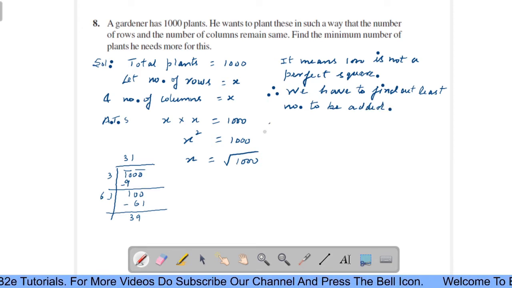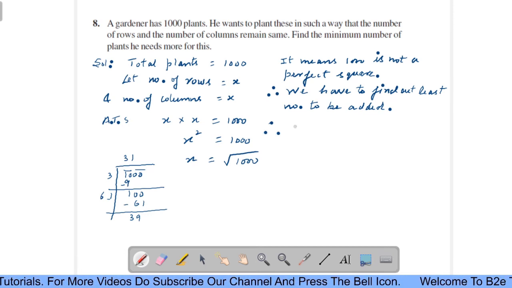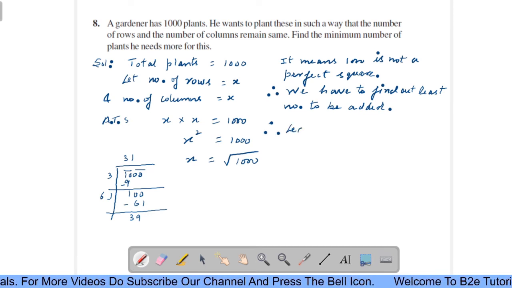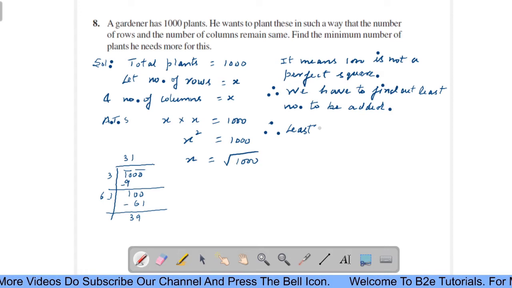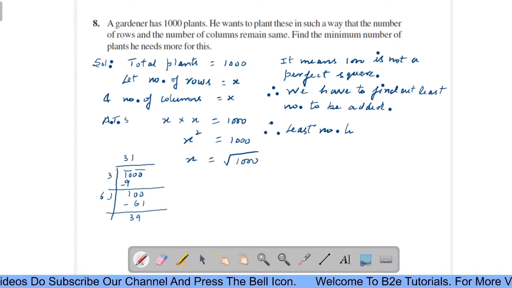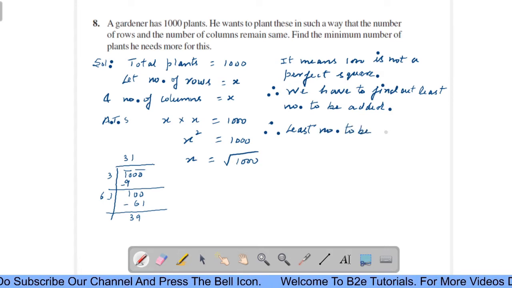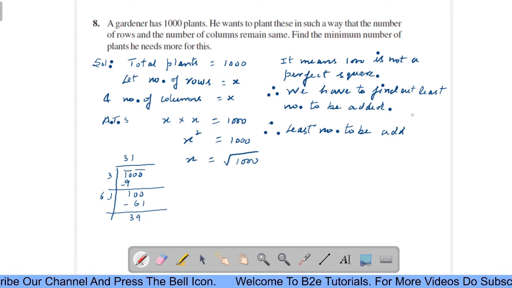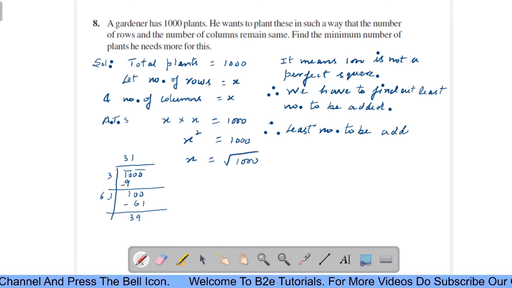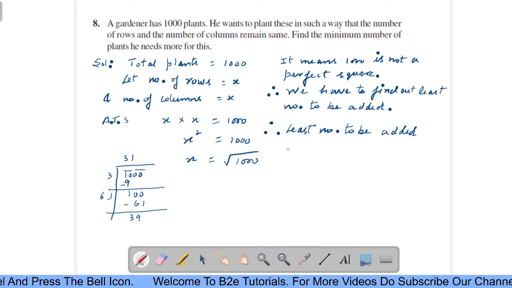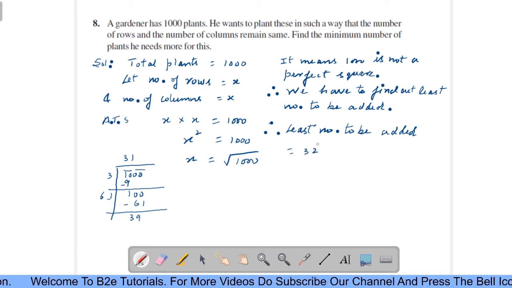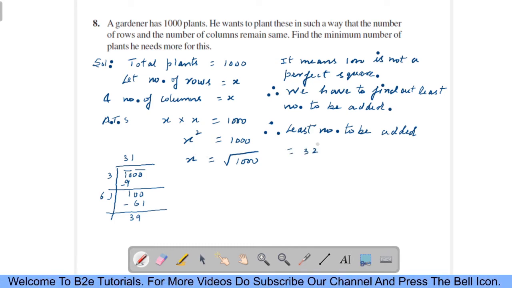Therefore, the least number to be added equals, what is the next perfect square? It is 32.